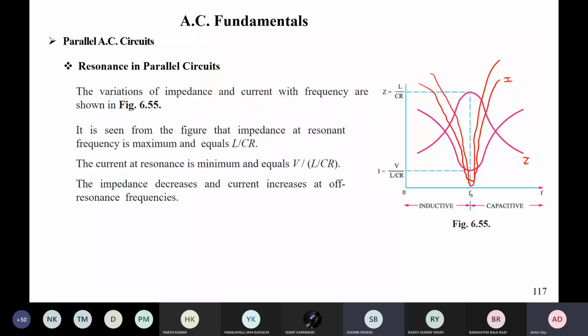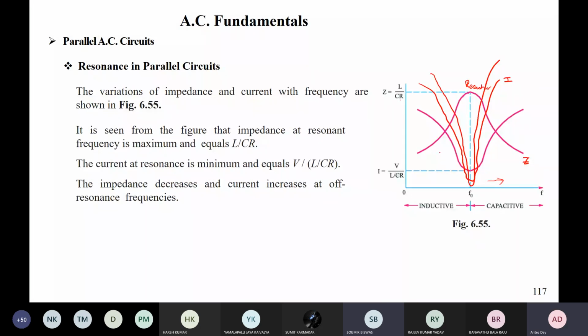We'll see that during resonance you will have the maximum impedance, which is L by CR, and once you go to the higher zone your impedance will be capacitive in nature. Here it is purely resistive at the peak, and once you go to the lower frequency range it is inductive.